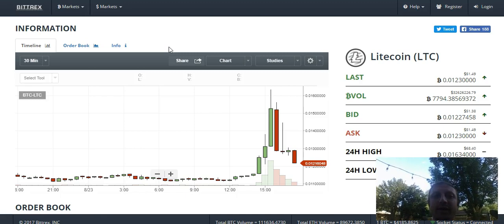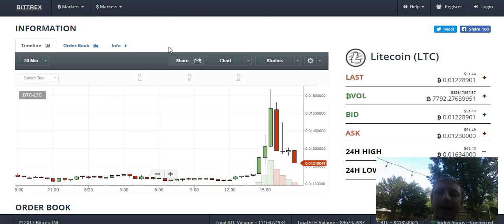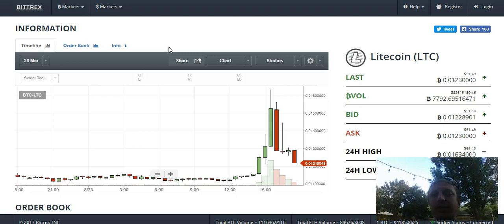The one thing you need to be aware of is it does take time for transfers to happen. During times of a lot of volatility, it seems like it takes a little bit longer because there's a lot of people sending money and a lot of trades and transfers going on.